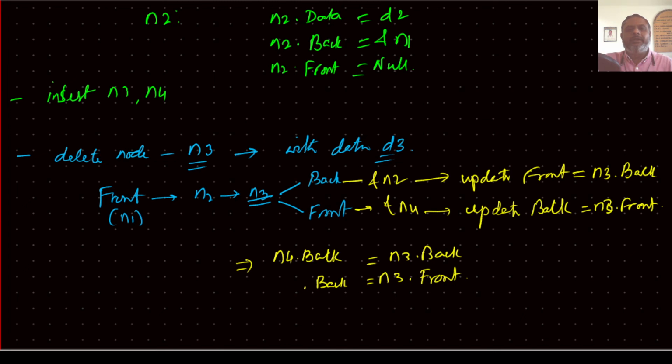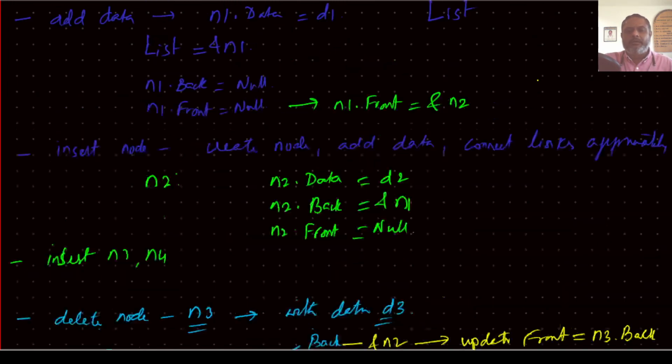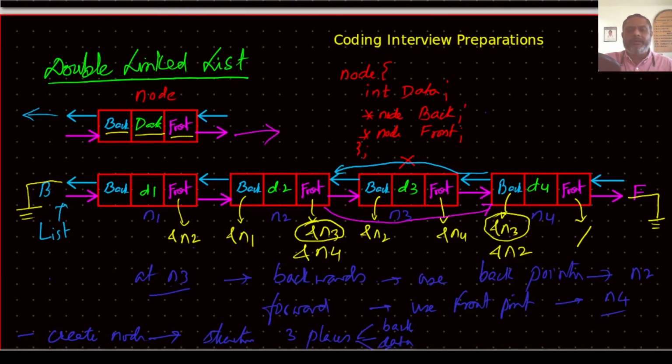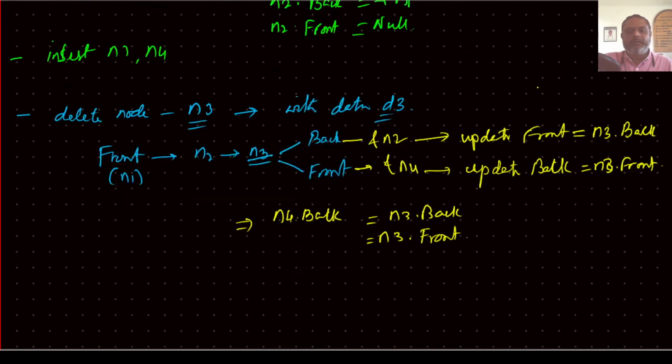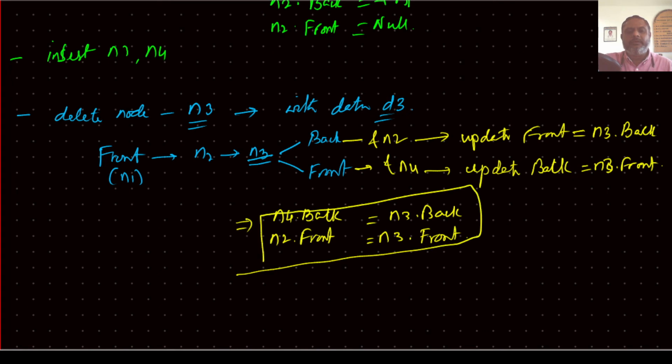In N4's back, you write what was there in N3's back. In N3's back it was N2. Now that N2 you add here the same way. What was there in N3's front, you add in N2's front. N2's front will be N3's front. So by doing this, where did you get N4? N4 is the front of this.